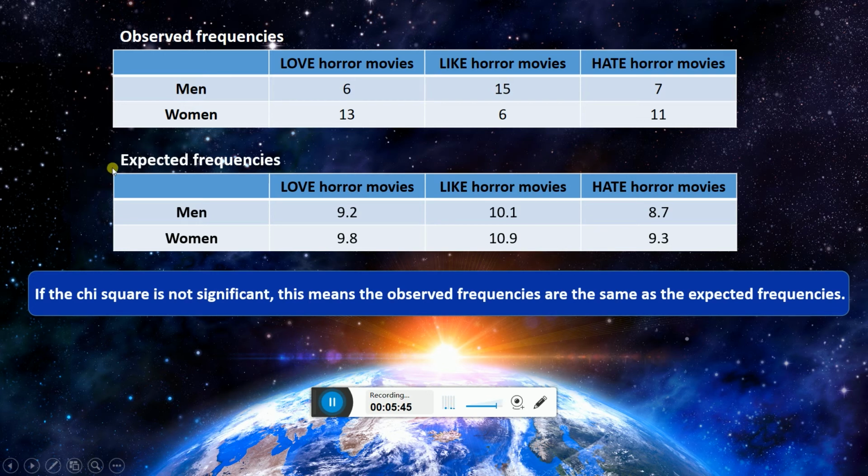Now, just use your logic here. If these frequencies, all the ones in these cells, represent no relationship between sex and movie preference, so no relationship, and if these are the same as these, then these up here must also represent no relationship.